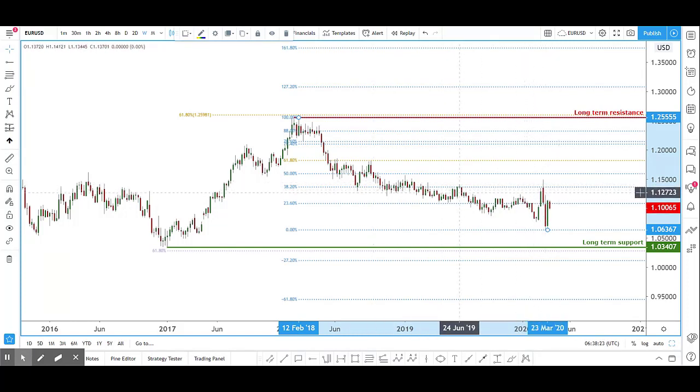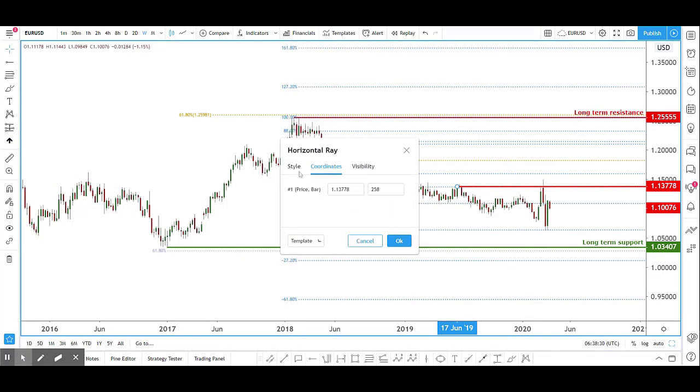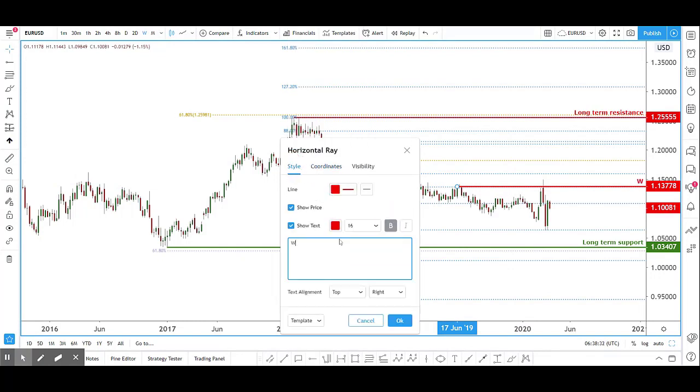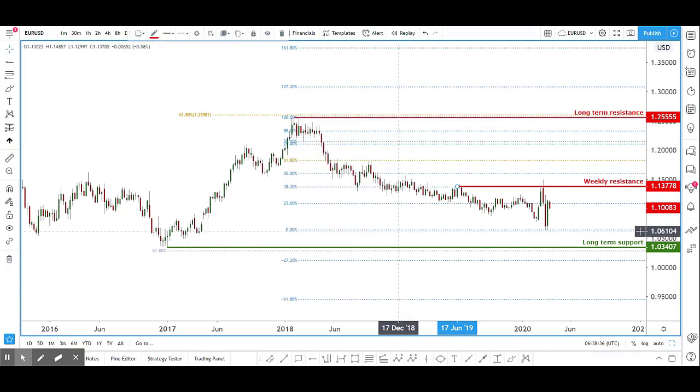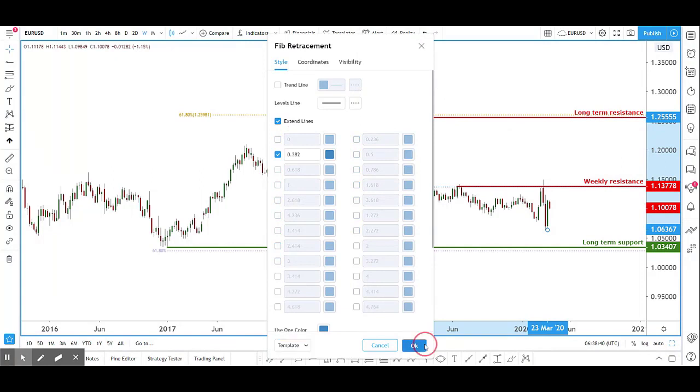And this seems like a nice graphical level. So we can put our level in, and let's call this the weekly resistance, and there as the 38 ratio.